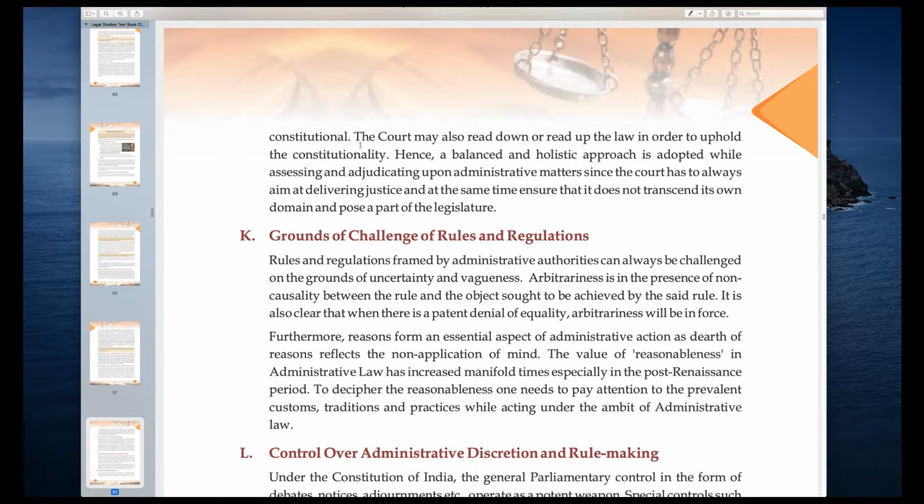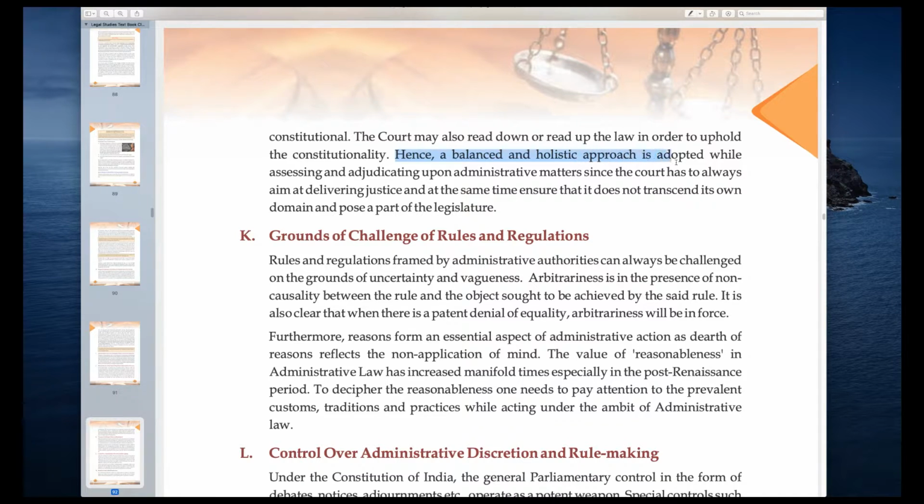So check out the further sentence. The court may also read down or read up the law in order to uphold the constitutionality. Okay, so it's the duty of the court to decide how to prove it constitutional and how to prove it not constitutional. So it is completely within the framework of the judiciary.